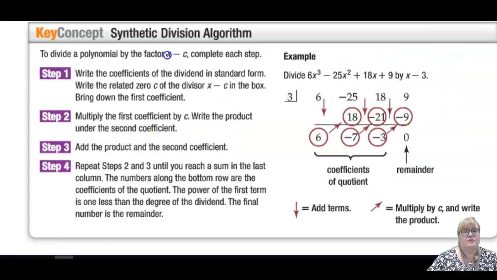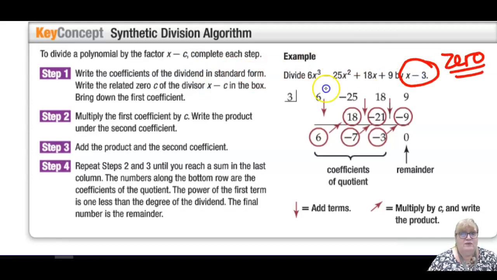All right. Synthetic division. There's an example on the slide here that shows if we're going to divide by this, the 0, not negative 3, but positive 3, what would make this 0 is what goes in this little box. Then the coefficients go across the top. We get to leave out all the algebra and just use the numbers: 6, negative 25, 18, and 9.